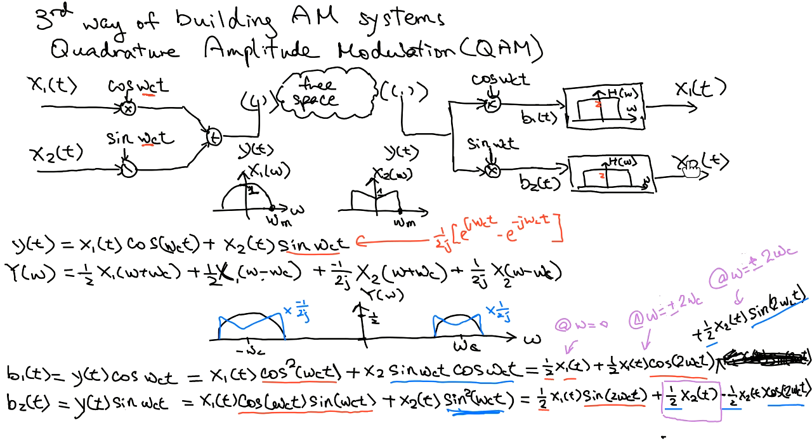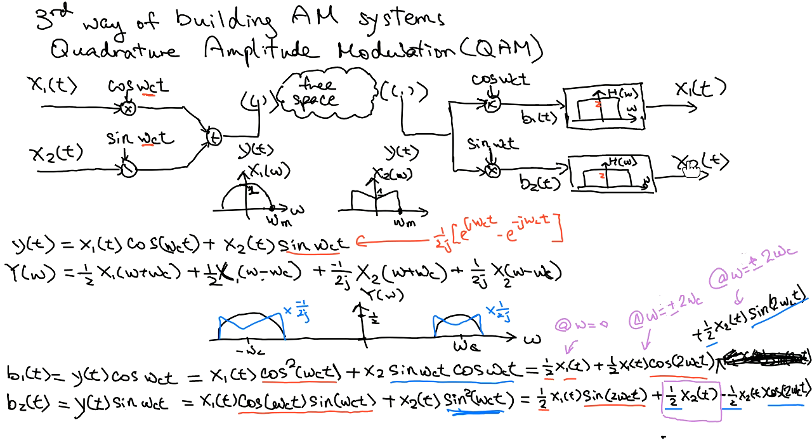Okay, and so this is QAM. This is what quadrature amplitude modulation means. One signal goes to the cosine, the other signal goes to the sine of the carrier at the same frequency. In that case, you are able to simultaneously transmit and receive two channels.